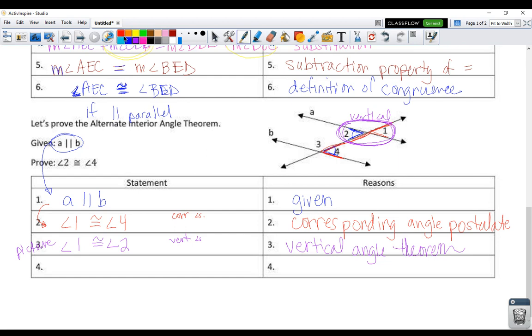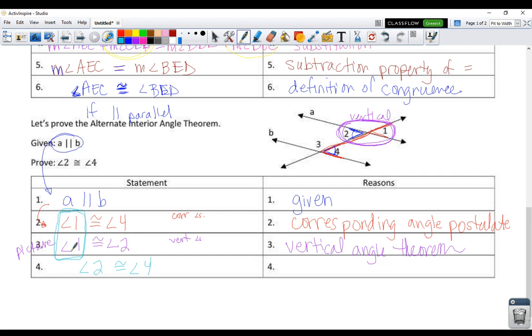Basically this is all we need, and now we use our brain to say, I have angle 1 is the same as angle 4, and angle 1 is also the same as angle 2. So if 1 is the same as 4 and 1 is the same as 2, that must mean that angle 2 is the same as angle 4, because both 2 and 4 are congruent to that same middle angle.